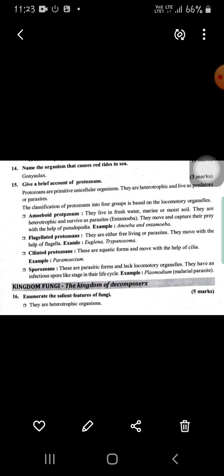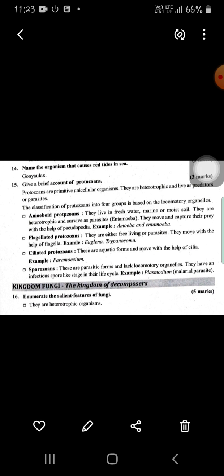Let's know about the next, the ciliate protozoans. These are aquatic forms and move with the help of cilia present on them. An example is Paramecium. And then the sporozoans. These are parasitic forms that lack locomotory organelles.